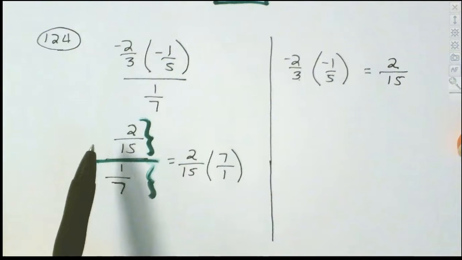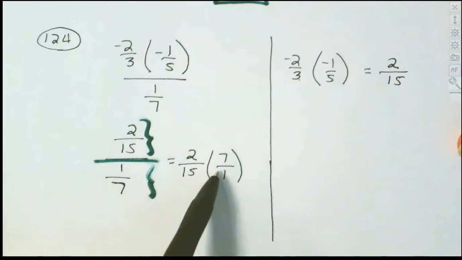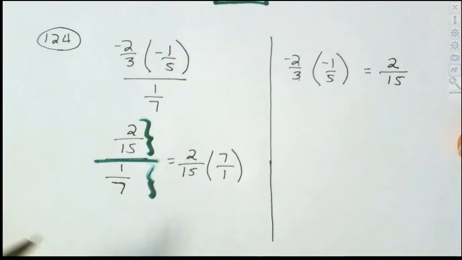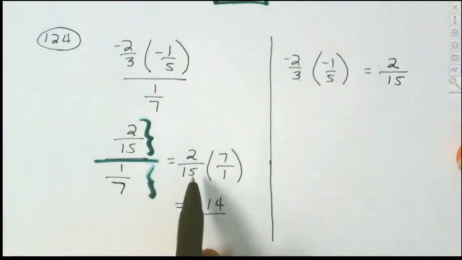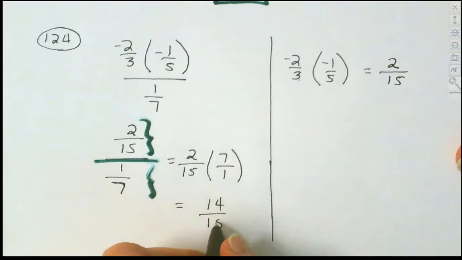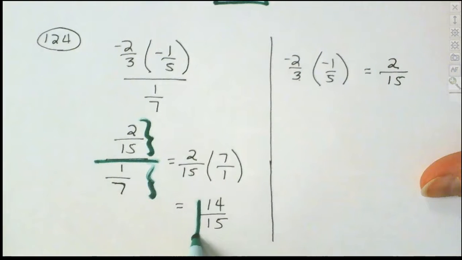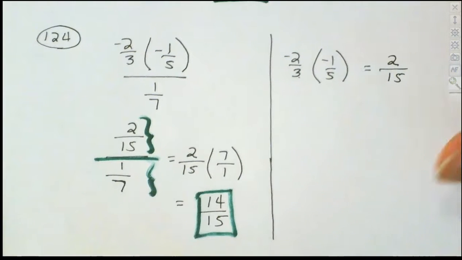Multiplying, so no common denominators, nothing cancels. So now all we do is multiply across. 2 times 7, that's a 14. 15 times 1, that's a 15. So that's going to be my final answer for that question there: 14 over 15. And only once in a while do you ever have to divide by a fraction.